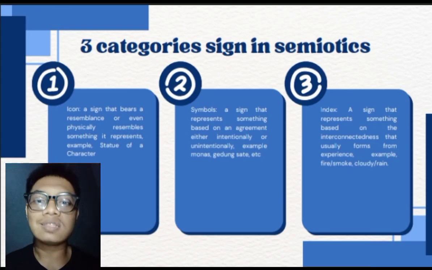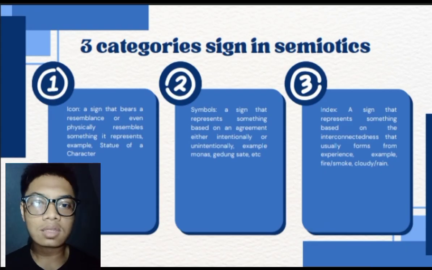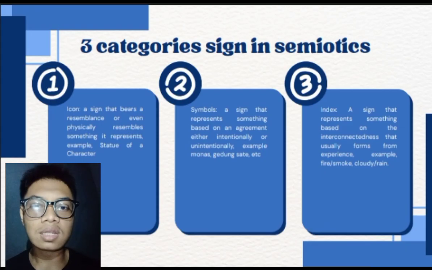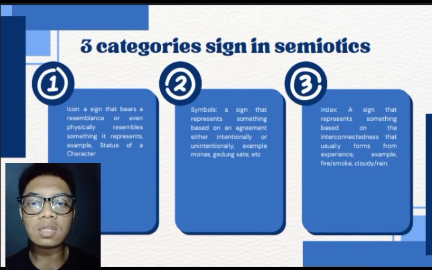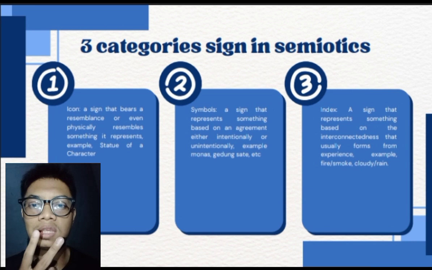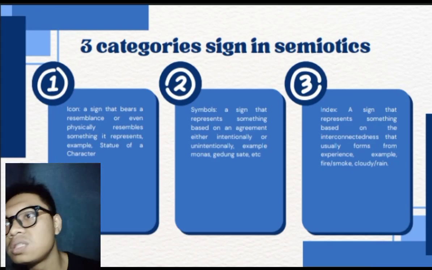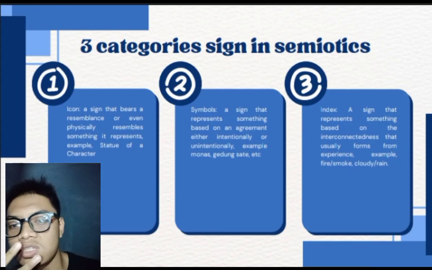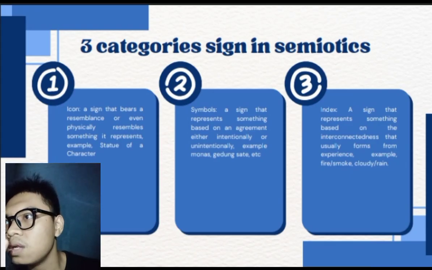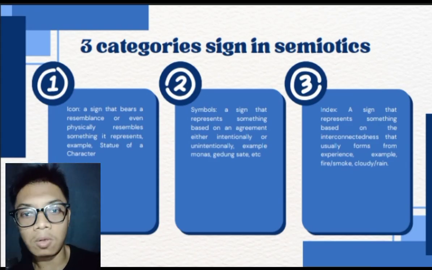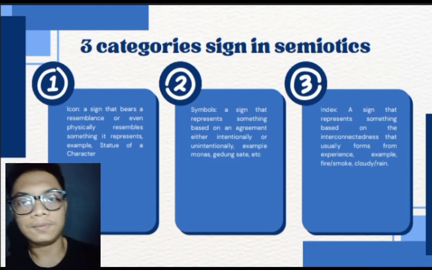The second is index. An index is a sign that's directly connected to something else, like cause and effect. For example, smoke is an index of fire. When you see smoke, you assume there's fire that activated it.